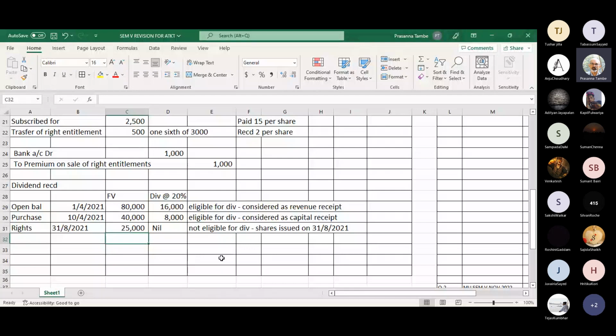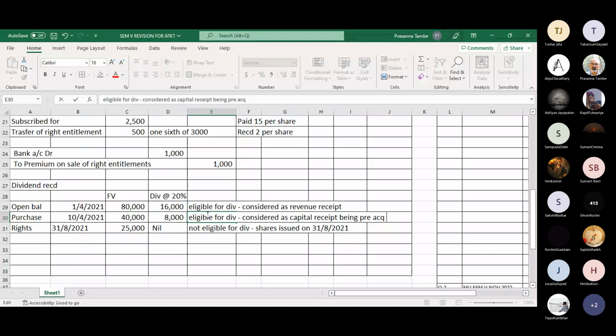Have you understood these three aspects? Pre and post acquisition dividend? Yes? You understood or not? Yes, anybody? Is the concept clear to everyone?